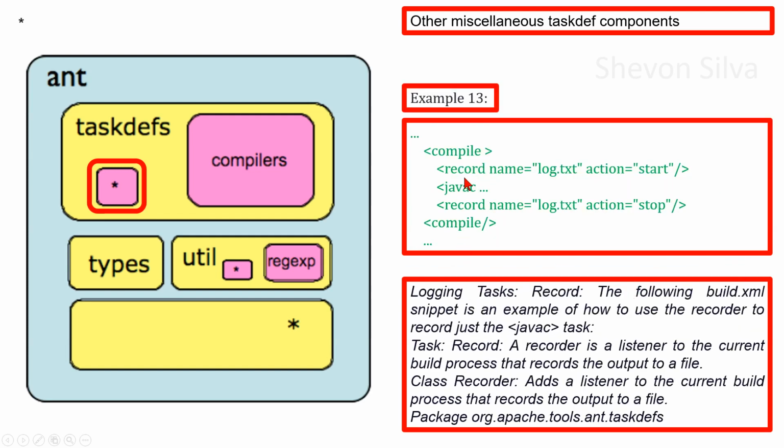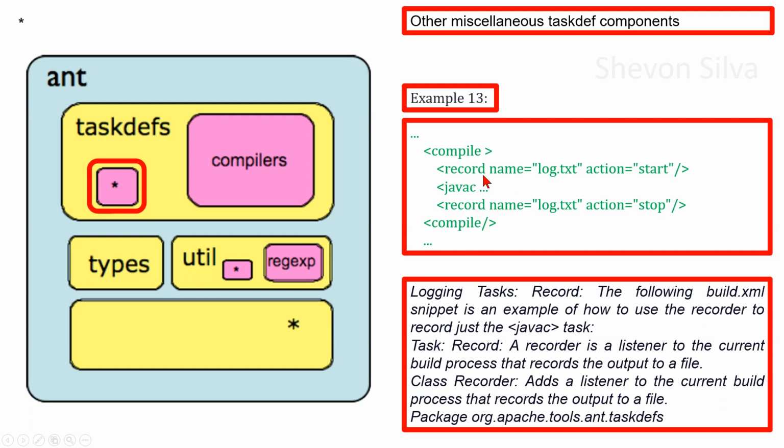Now we are considering recorder in logging tasks. The following build.xml snippet is an example of how to use recorder to record just the javac tasks.